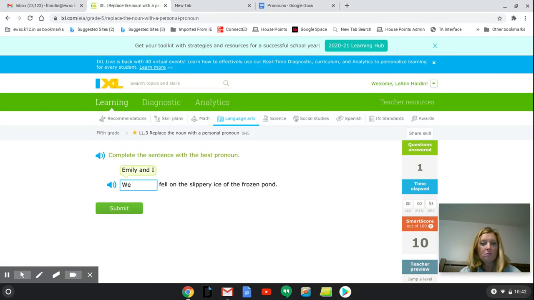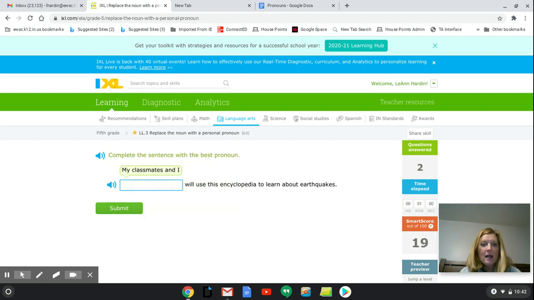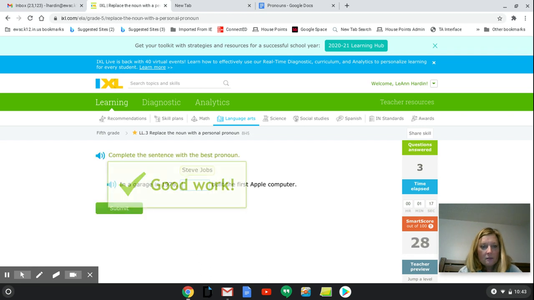We fell on the slippery ice is going to be the pronoun you use here. Okay, my classmates and I will use this encyclopedia. Nobody uses those anymore. My classmates and I. So again, you're going to use we for that pronoun because you're part of it, plus some other folks are part of that subject.